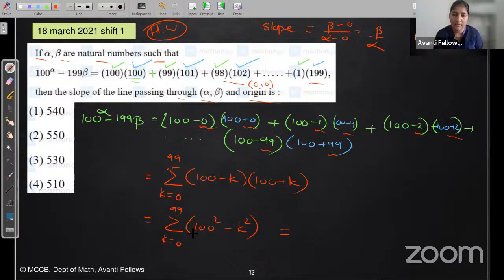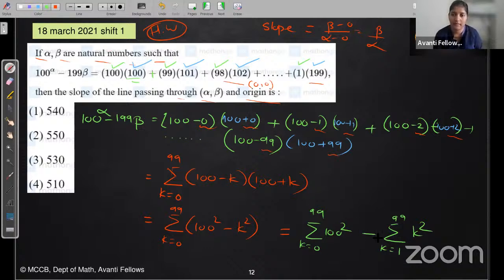Now observe here, summation here is on the constant term. I just make use of properties of summation here and split it. So what will I get? I will get 100 square summation k is equal to 0 to 99 plus summation k is equal to 1 to 99 k square. So okay, it is not plus, it is minus here.